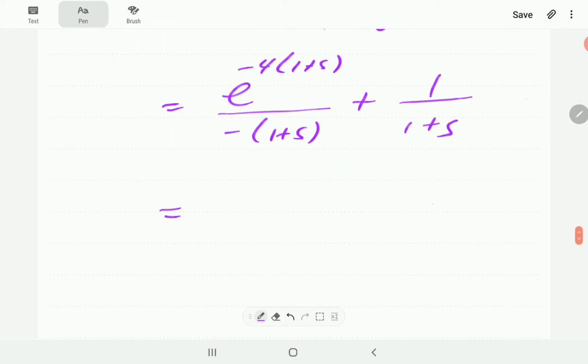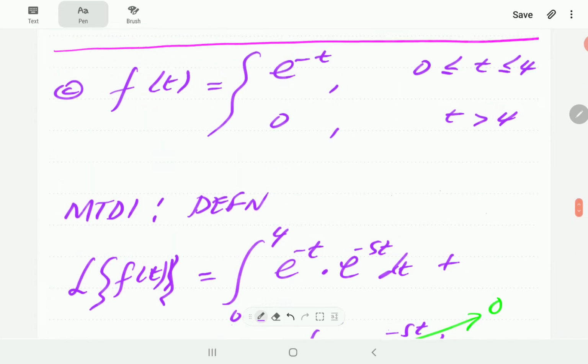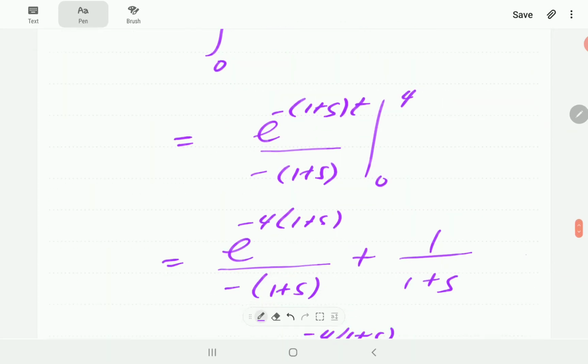And then writing this as one term is going to work out something like that. So that is going to be the Laplace transform of our function here.